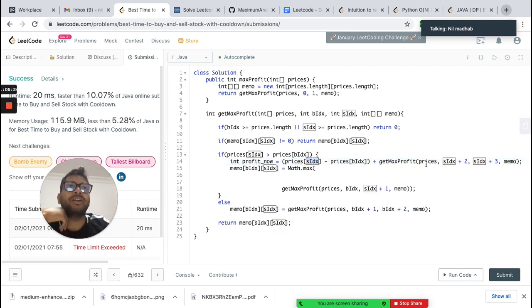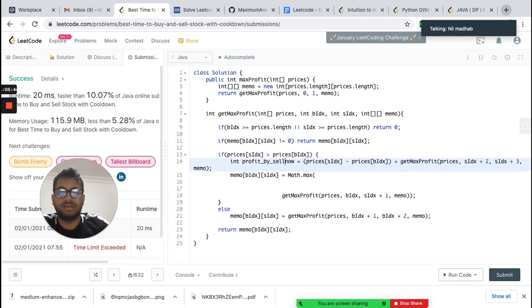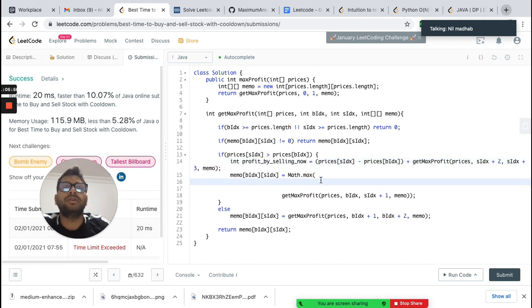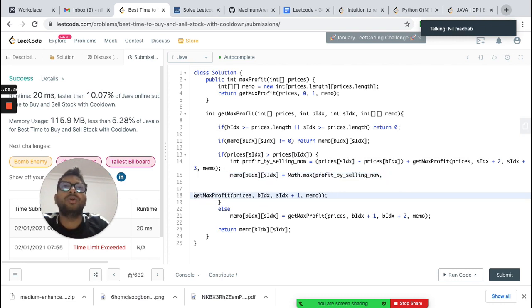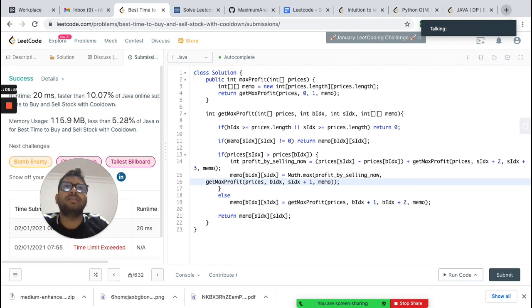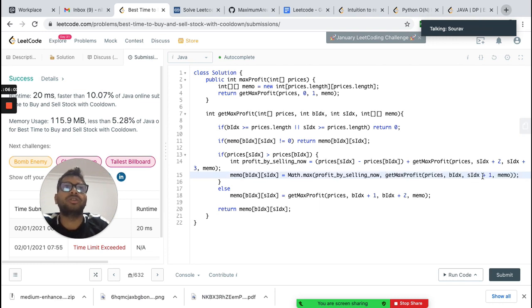We have to give 1 day of cooldown, so we can do it from +2, like after 1 day, and the sell index will be +3 because we have to buy after this index. So profit by selling now, and it will be the maximum of this, or we can sell it the next day, which will be +1.